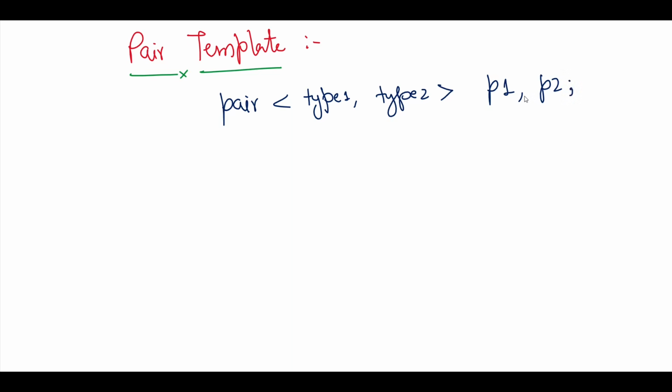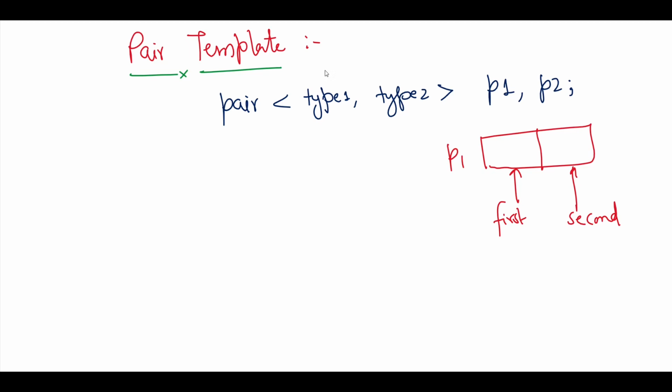So it's going to create a pair having the first object of type 1 and the second object of type 2. It will basically create an object something like this. It will be called first and it will be called second, right? So if this is p1, you can access this element using p1.first and this element using p1.second.